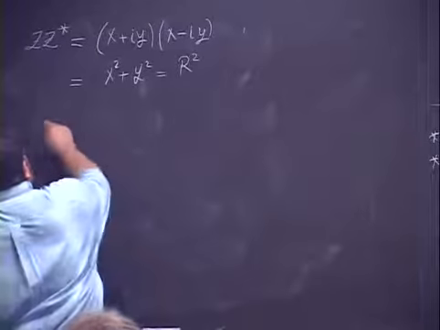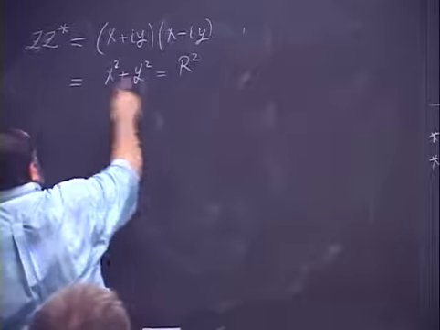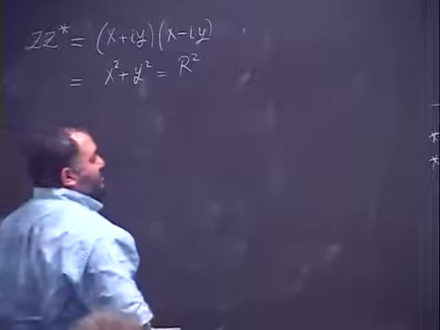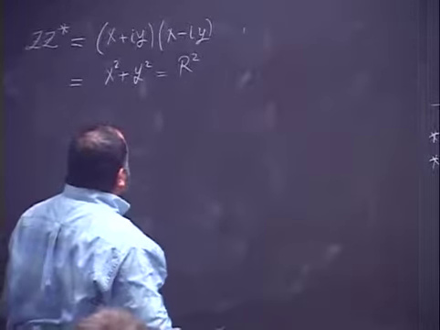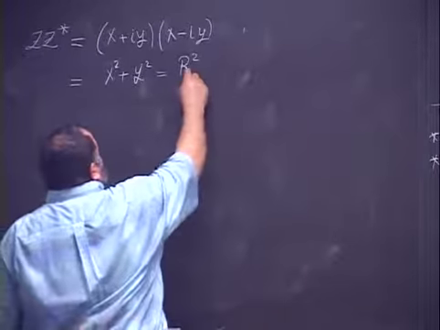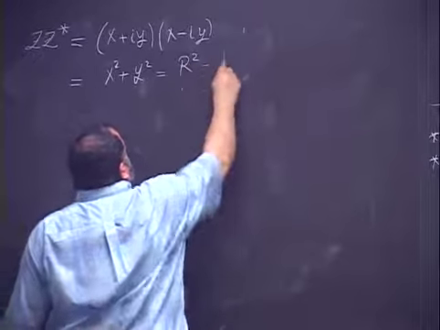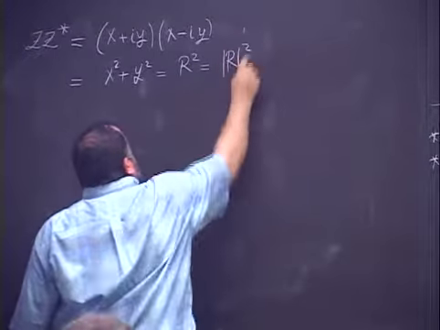So if you take the square root of this, it will give you the amplitude of r. So this is just the amplitude of r all squared.